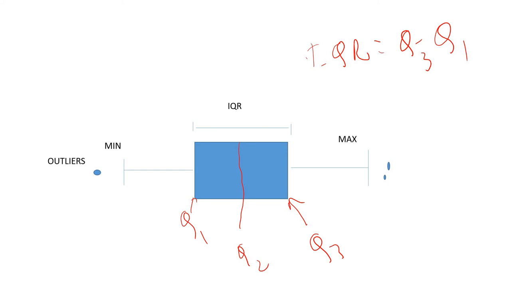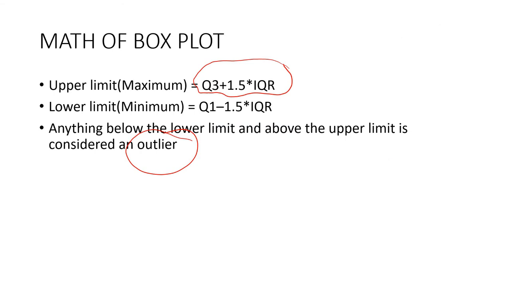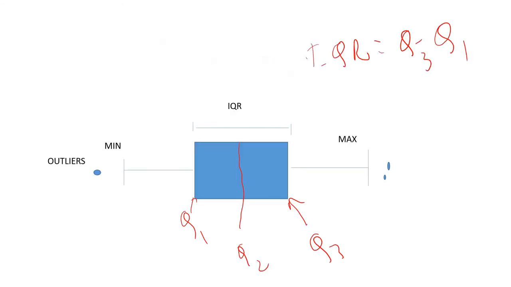Again, the minimum value and maximum value that we need to calculate are the lower limit and upper limit. How do you calculate them?